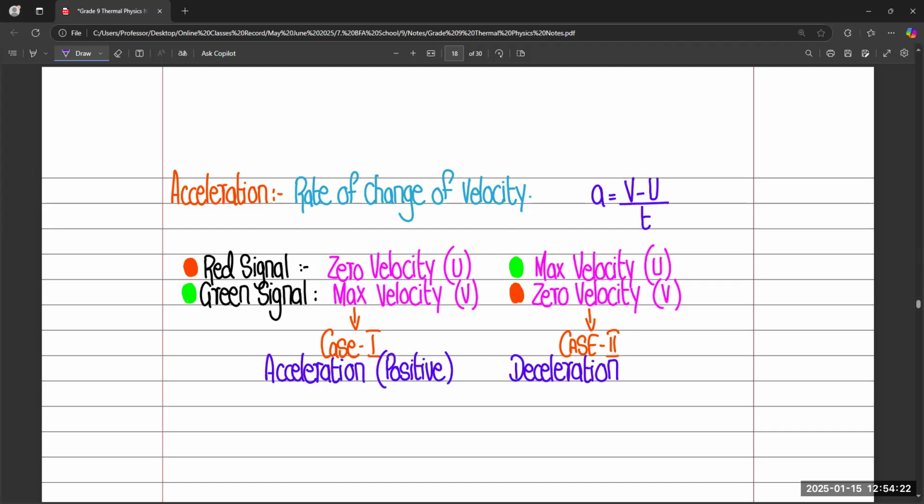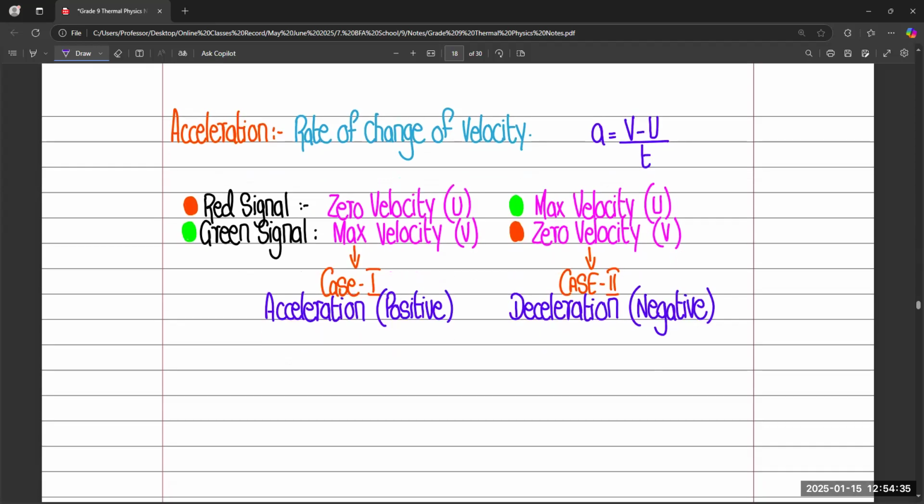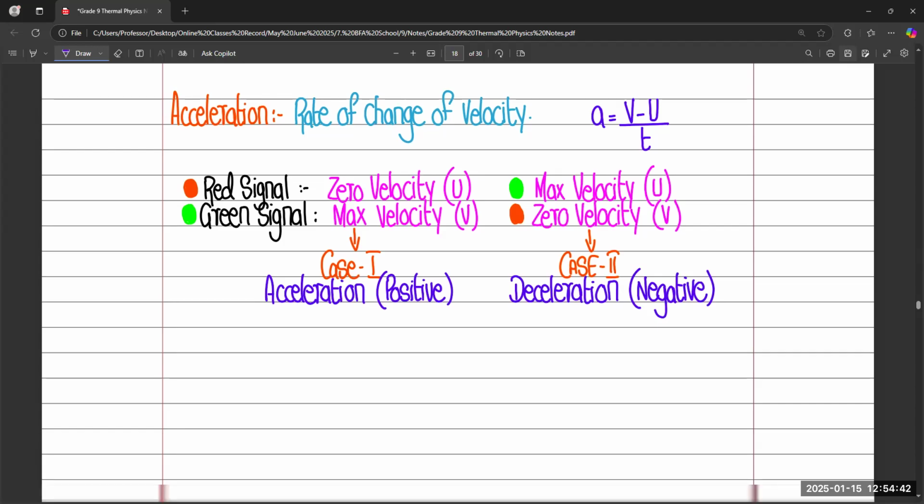And this deceleration shows negative change. And what is the difference between positive and negative change? If you compare the values, you will get an idea from the formula of how these values are positive and how these values are negative.